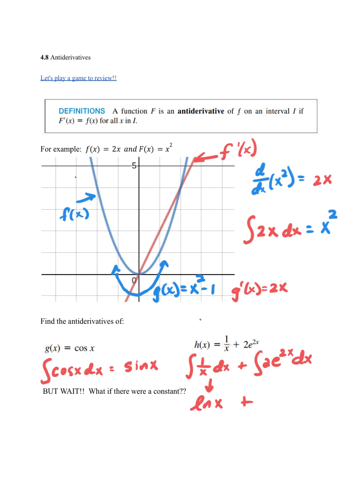As far as e to the 2x goes, the antiderivative of 2e to the 2x would be e to the 2x. And again, you're probably thinking, where did the 2 go? But think backwards. If you thought, what's the derivative of e to the 2x, you would have to remember that the chain rule is in place.